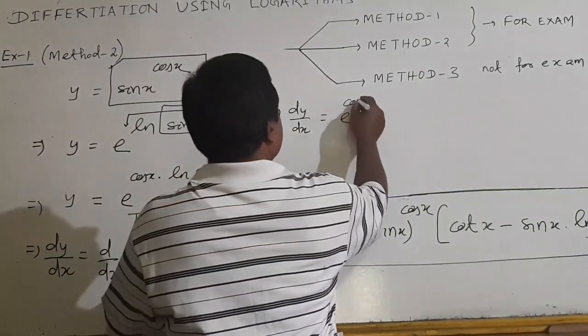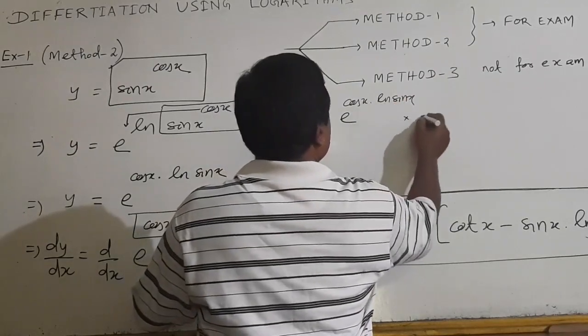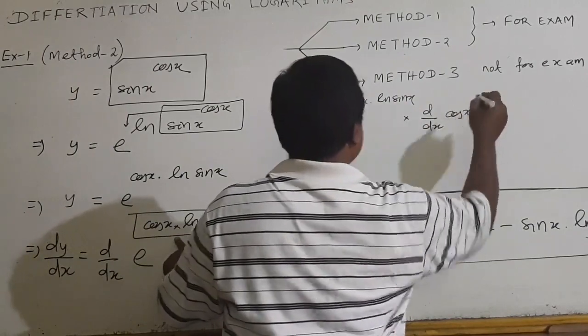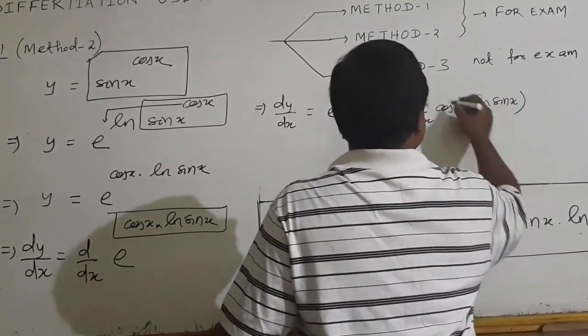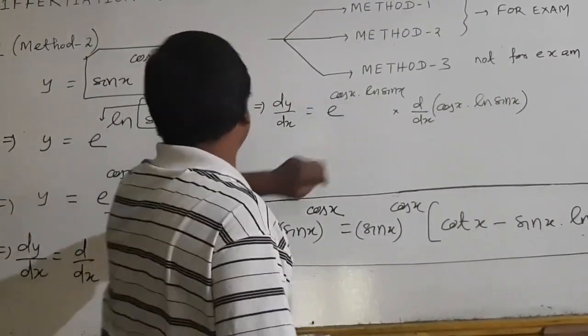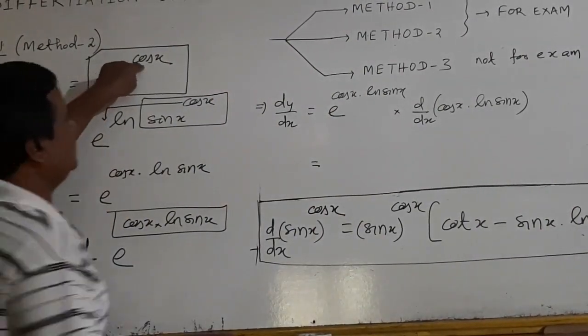Box means cos x into ln sin x. Then e to the power cos x ln sin x is sin x to the power cos x.